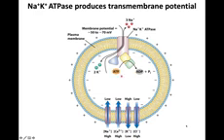Shown here is a sodium-potassium ATPase that is embedded on a cell membrane. This transporter produces a transmembrane potential of about minus 50 to minus 70 millivolts by sending out 3 sodium ions out of the cell and bringing in 2 potassium ions into the cell.